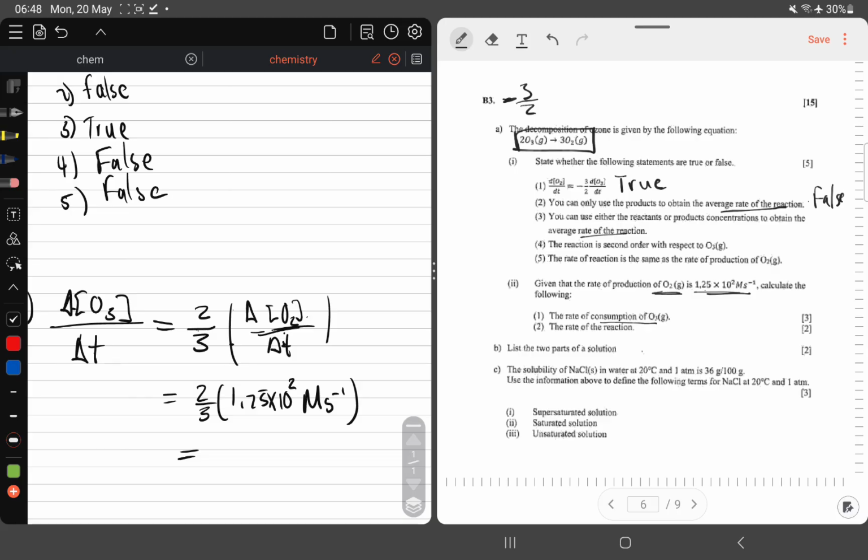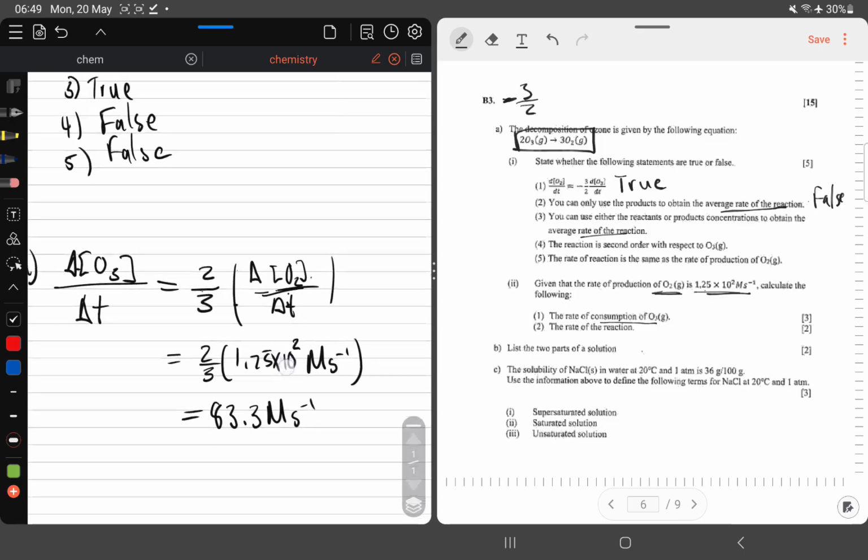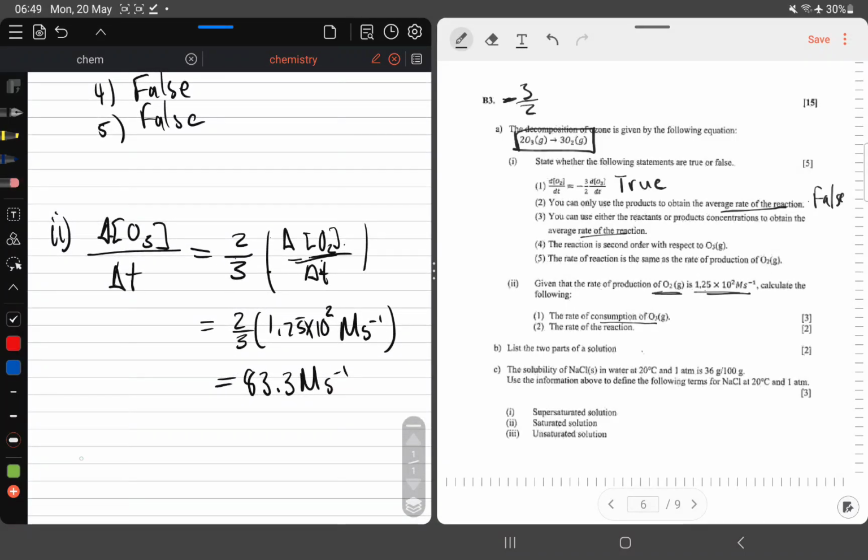So I'm going to say 1.25 exponent 2 divided by 3, then times 2. So we have 83.3 molar per second. Then we go to part 2, the second one.